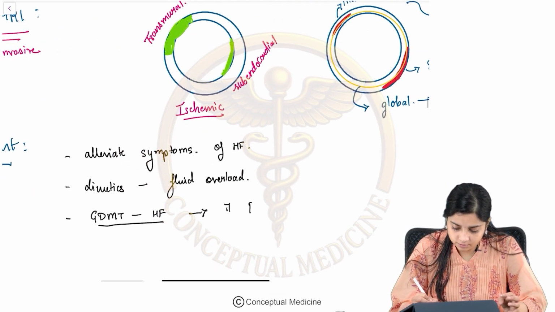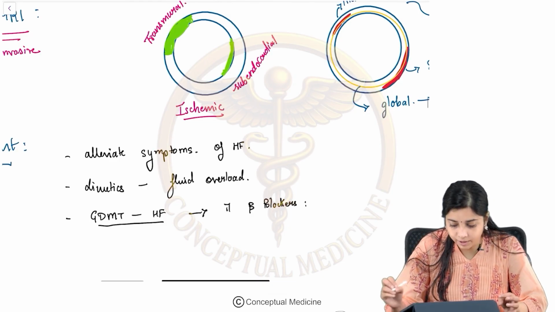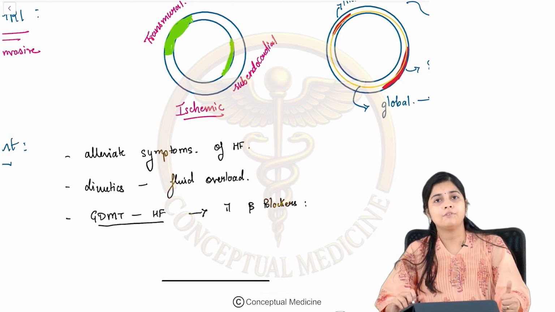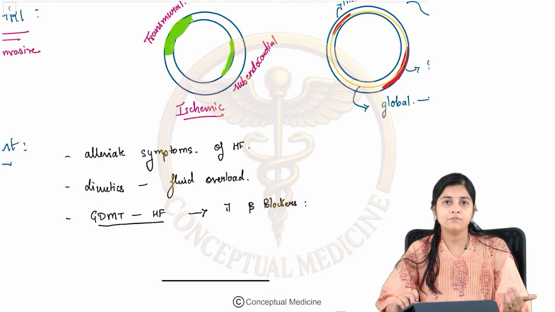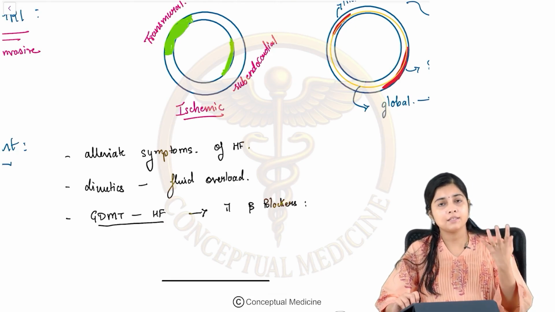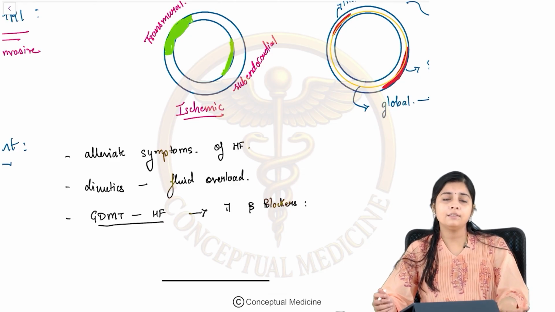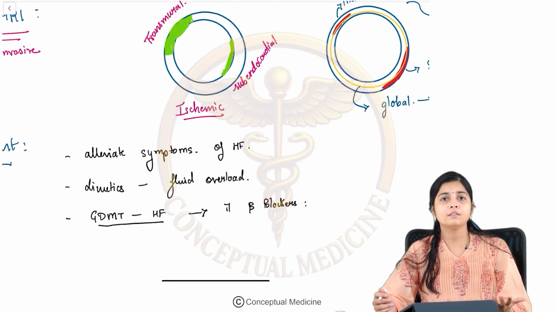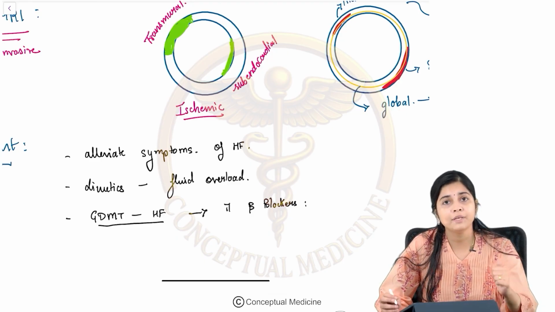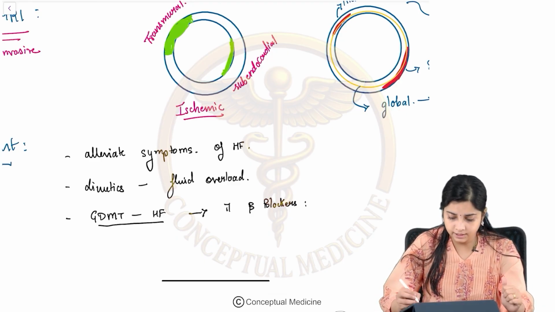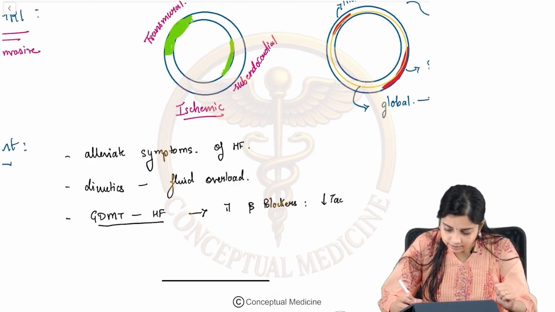First is your beta blockers. Why? Because in the pathophysiology of heart failure, even including DCM, there is sympathetic overactivity and tachycardia as an initial compensation for the low cardiac output. We have already learned that tachycardia itself can worsen the heart failure. So, we give beta blockers to block this sympathetic activity and decrease the tachycardia.